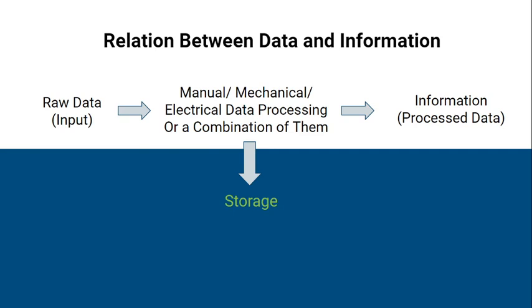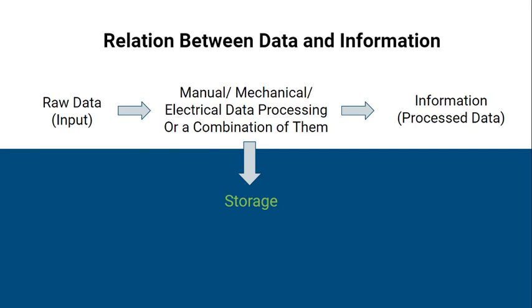Because in order to generate meaningful processed data, you should have the raw facts and figures with you to obtain any information. Next thing, if the input data is wrong, even if the processing technique is correct, the output information will always be wrong and useless. So this area is very important.